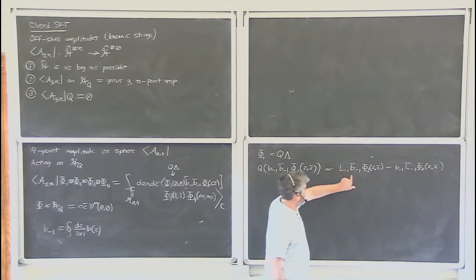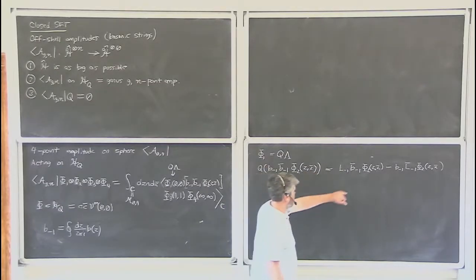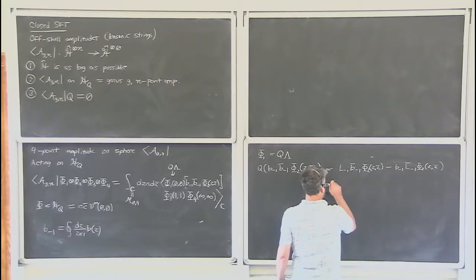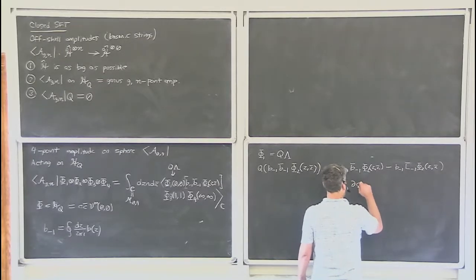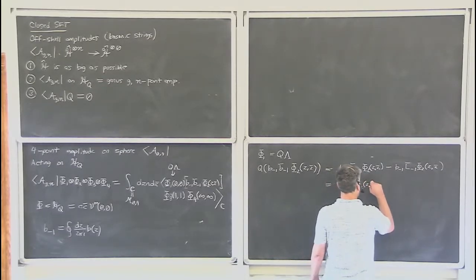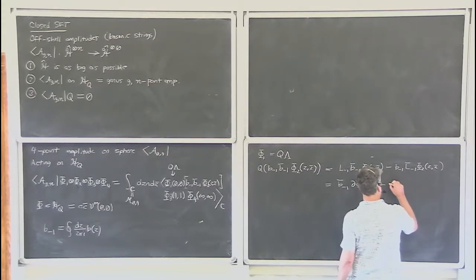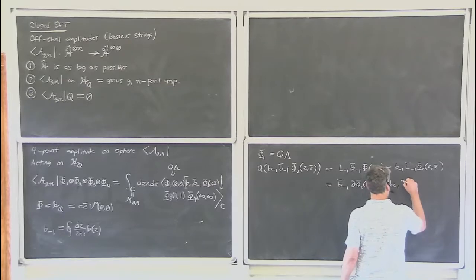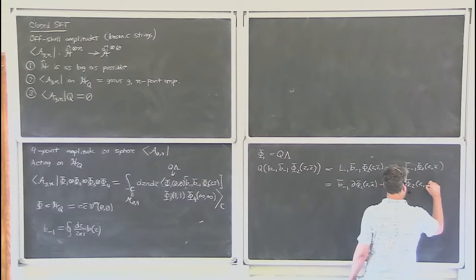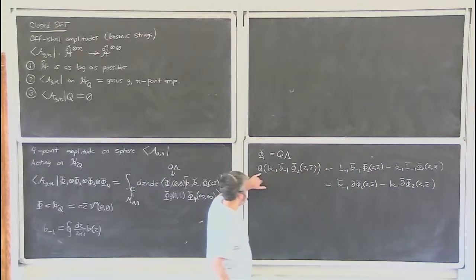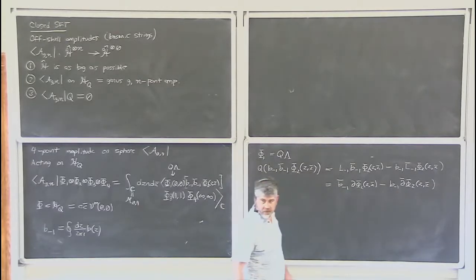Then you use the OPE of the energy momentum tensor with this primary, phi 2, and this gives you b-bar_{-1} del phi 2 of z, z bar, minus b_{-1} del-bar phi 2 of z, z bar. So we've turned the BRST operator into a derivative on the moduli space.